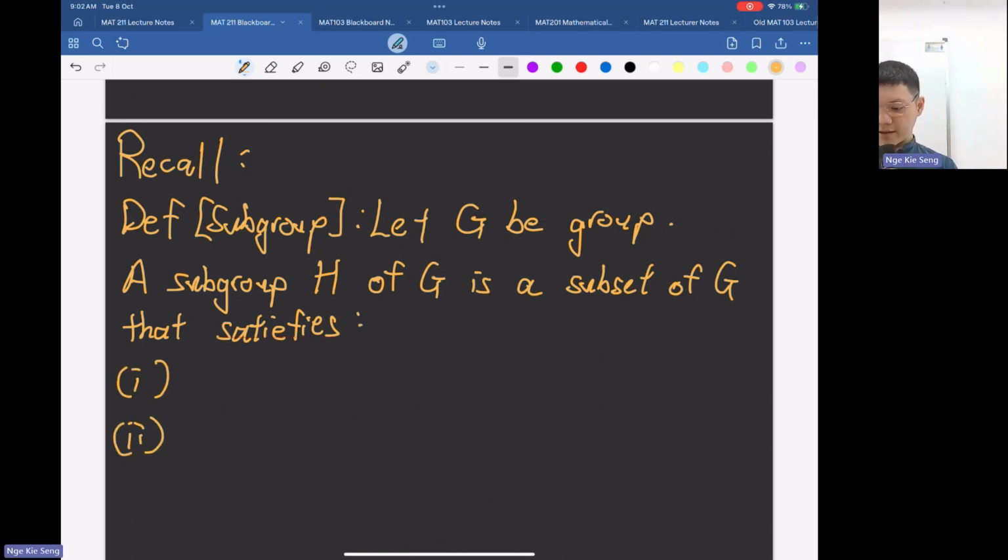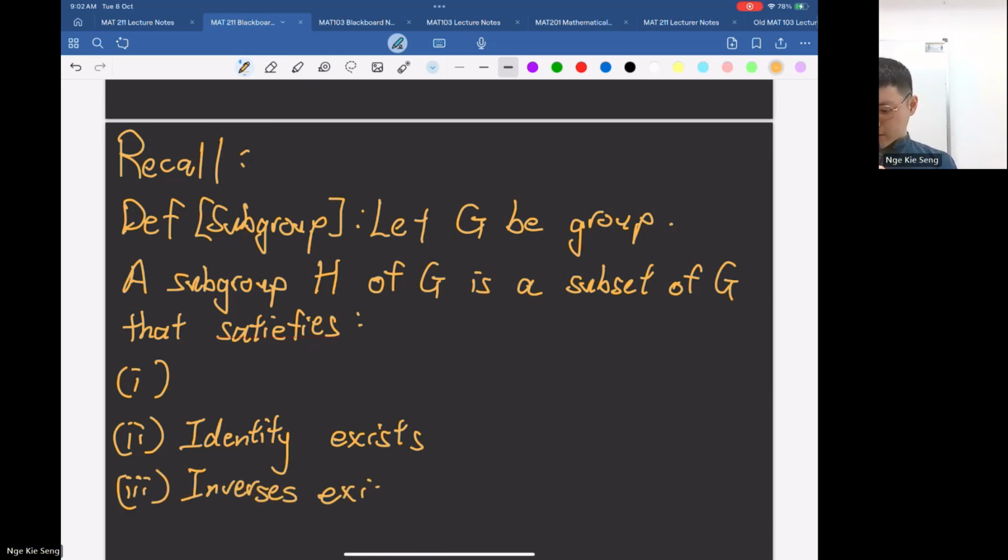Also need an identity. Okay, identity exists. What else? Inverse also exists for all elements in H. Good. This is for all h in H.